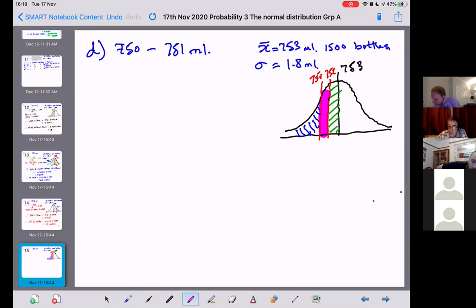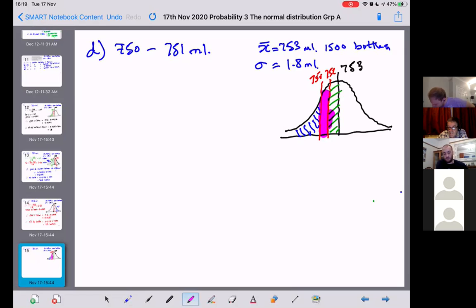Then you'll find the blue area by finding the area between 750 and 753 and taking it away from 0.5. That'll give you the blue and the green. If you then add the blue and the green together, you'll have the total area of those two. And then if you take that away from the 0.5, you'll have the little bit left in the middle.